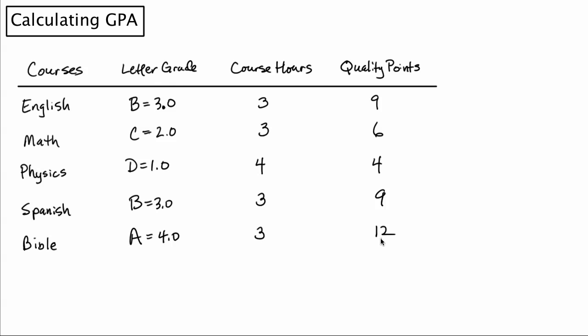So there's a couple of things that you would want to do right away. And the first is figure out how many credit hours you're taking, and that's a total of 16 in this example. And then next up would be to sum up the quality points, which is a total of 40 in this example. And so what you should know is that the GPA is equal to the number of quality points divided by the number of course hours.